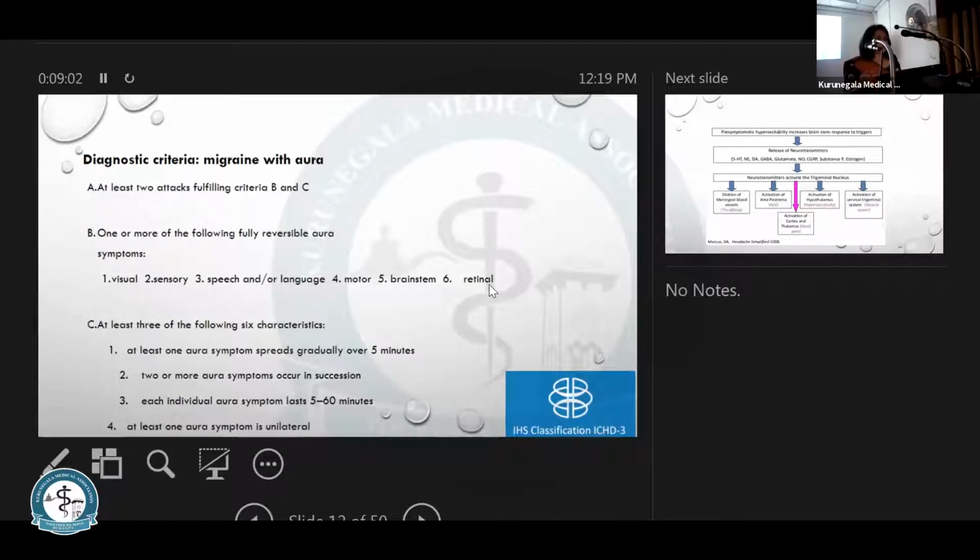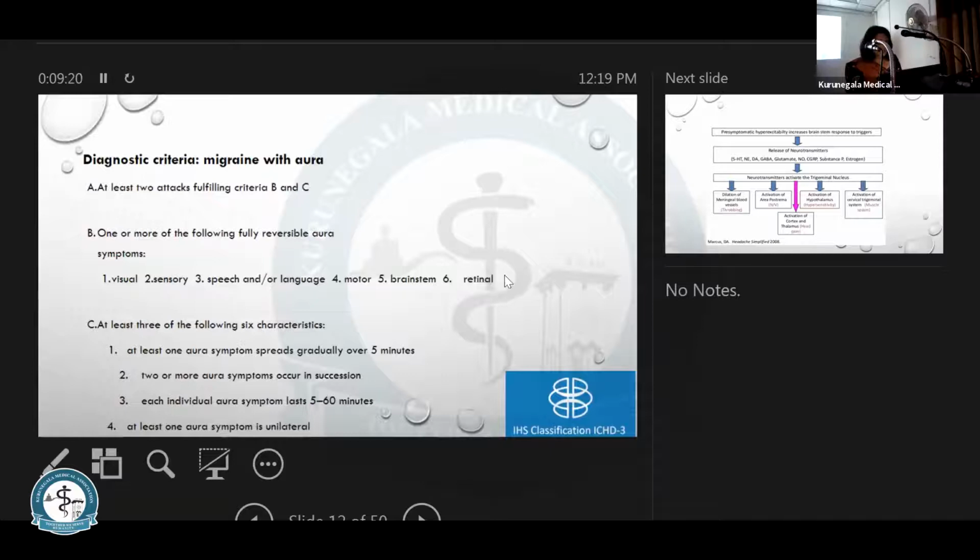And 2 or more symptoms can occur in succession, and each individual aura symptom lasts for 5 to 60 minutes.